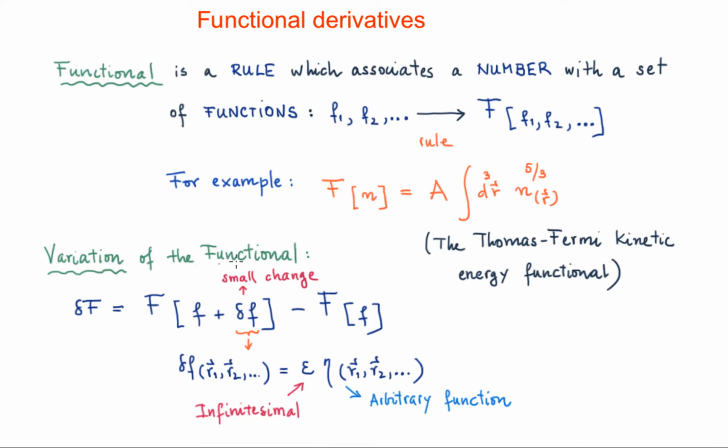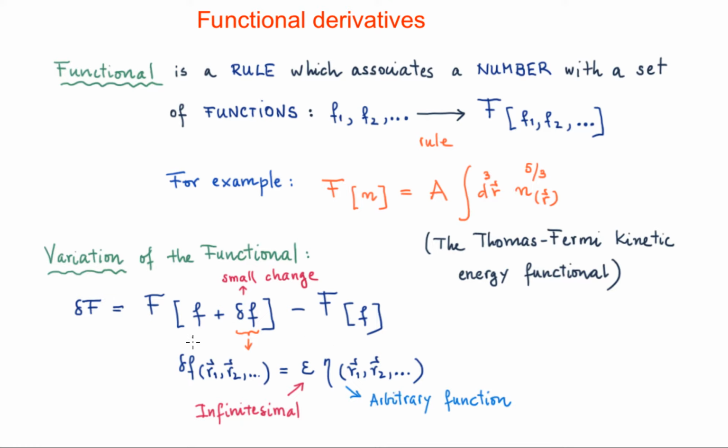So the variation of the functional when the function it depends on changes from f to f plus delta f, where delta f is a small change, is defined this way, of course. It is the difference between the two. With this delta f, we can write it in this way: epsilon, which is an infinitesimal, times eta, which is an arbitrary function.